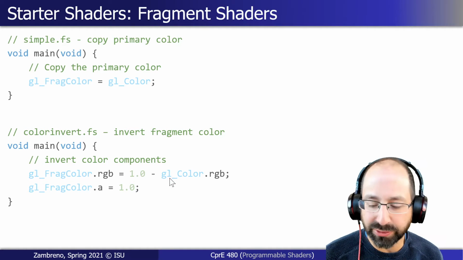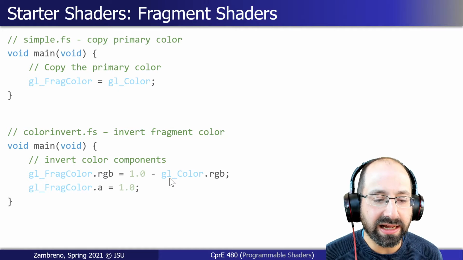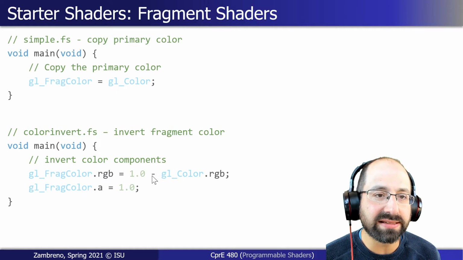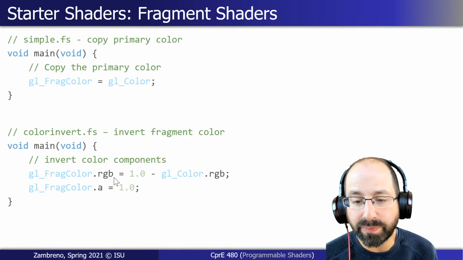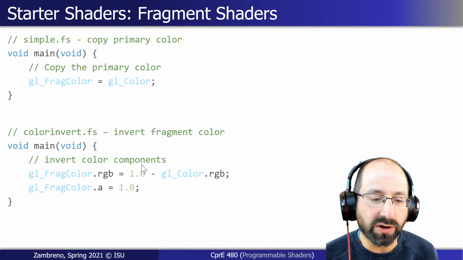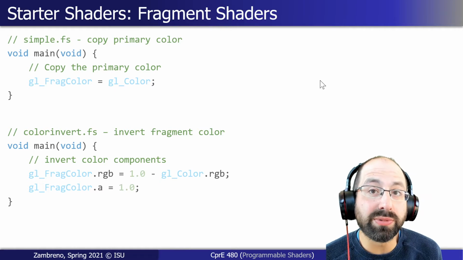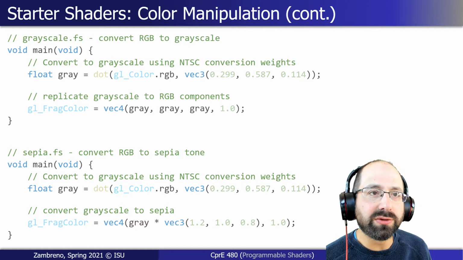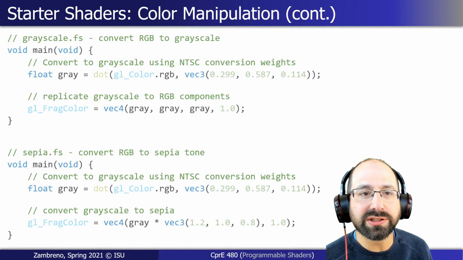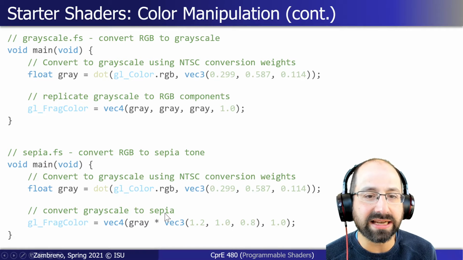We could invert the color components in our fragment shader. Because these vectorized types are natively supported, you can do scalar minus a vector and get an equivalent length vector back out with just one line of code. Yes, you could do that for each component separately, but you don't need to because of what's supported in the language. There are various different ways of doing grayscale conversion, or in this case, sepia conversion.